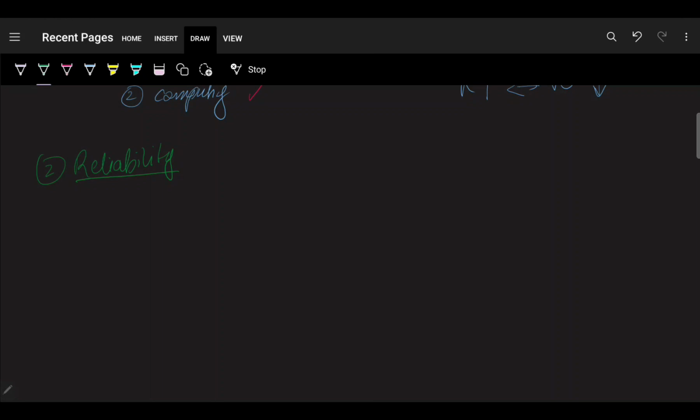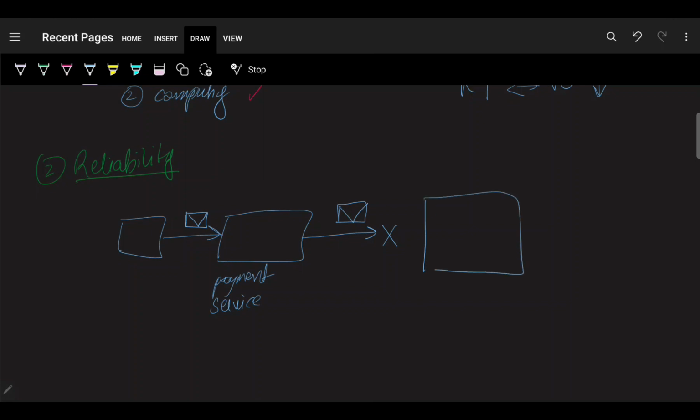So what do we actually mean by reliability over here? For example, let me select a different color. So this is your application, and it's communicating with your payment service, and it's sending out a data packet over here, and some of these packets get lost when you are communicating with your PSP.